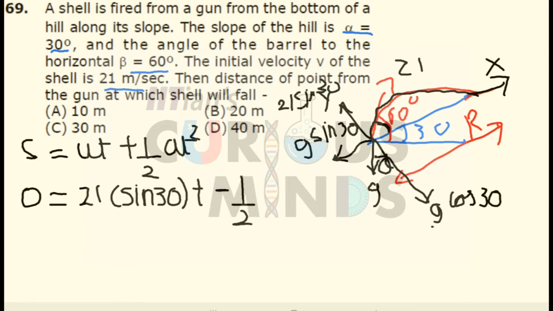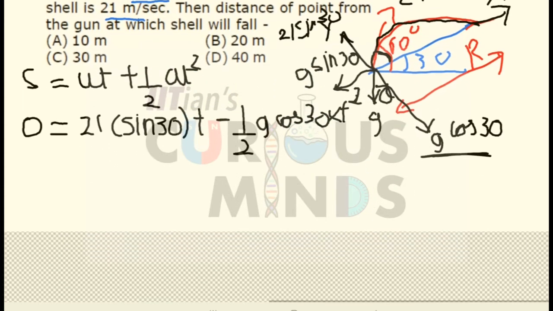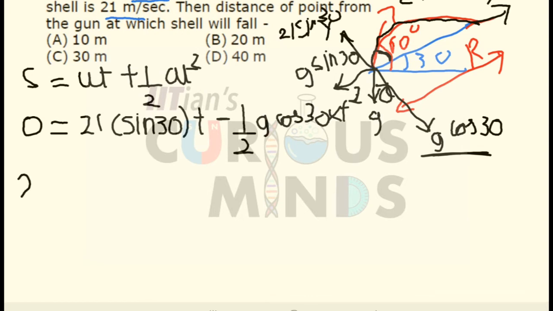Initial velocity is given as 21, so in the vertical direction it will be equal to 21 sin 30, into t, minus half. The acceleration is in the opposite direction, so g cos 30 into t square.